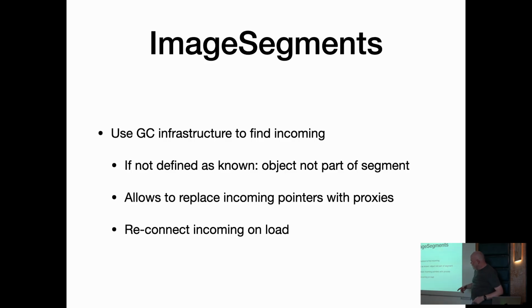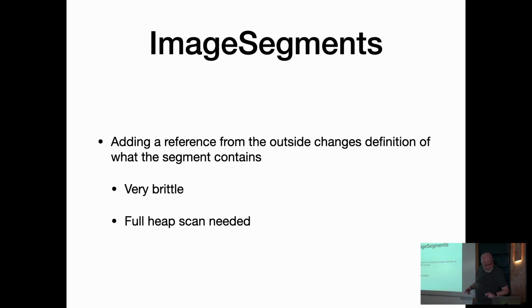But the problem, which I think I have on the second slide, is that if by chance someone adds a pointer to your objects, you destroy what you serialize. And that happened back when people used it in Squeak. They tried to save complete Morphic worlds. There were always bugs where someone said, it doesn't work anymore, why? There's no reference to this object, so it gets ejected out of the image segment and boom, it doesn't work anymore.